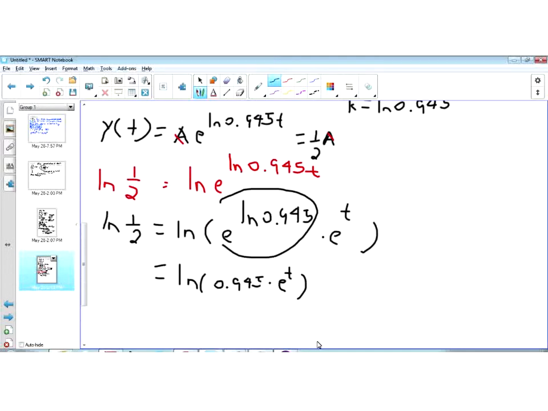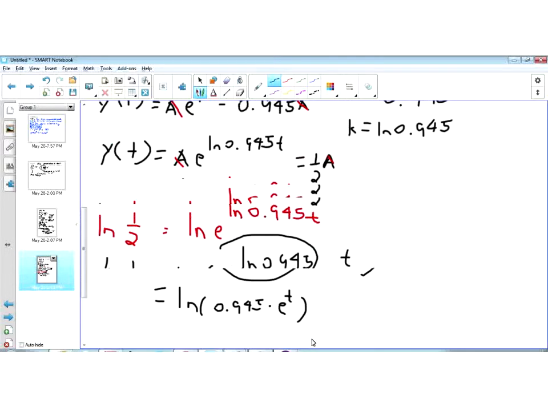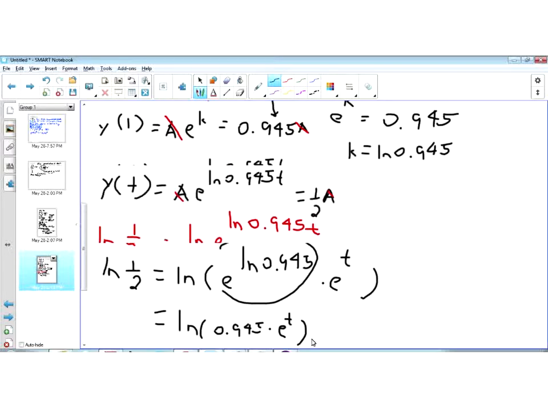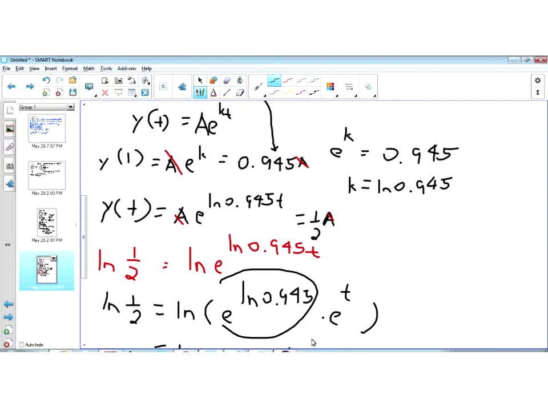Oh, wait a minute. I think I made a mistake here. Something is not right here. Let me check. E to the natural log. Yes, 0.945 e to the t. Hang on.